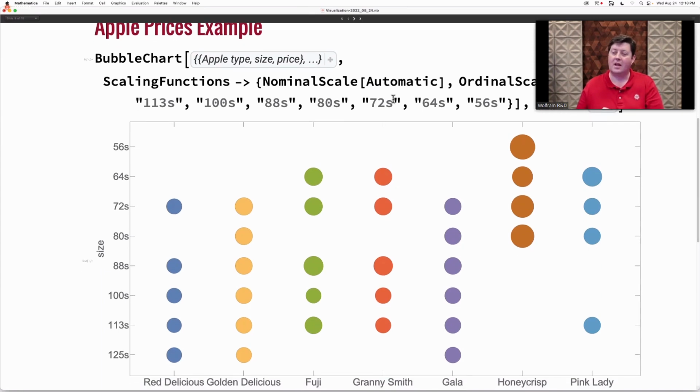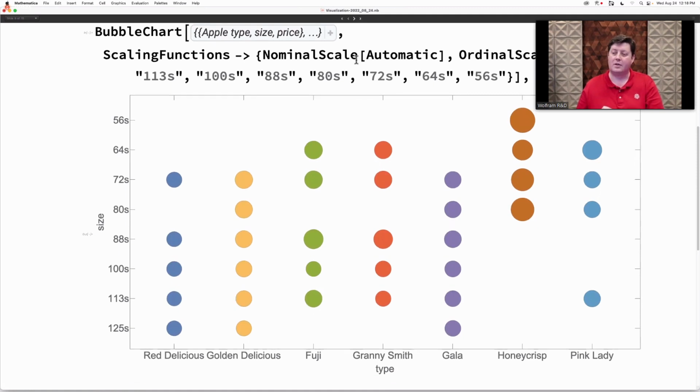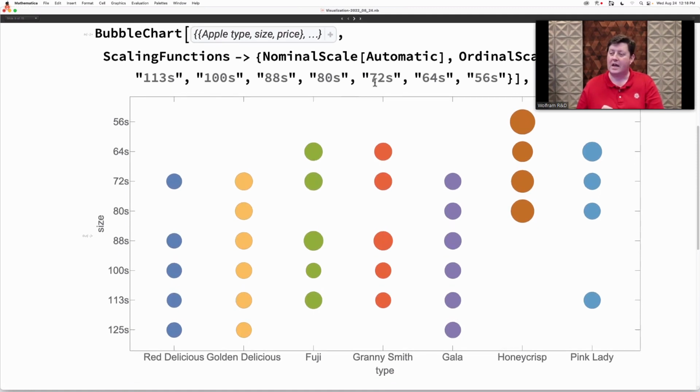And so we have data here that I don't remember exactly where it came from that we acquired. And we have a nominal scale along the x-axis. So it's, what is the type of apple? Is it a Red Delicious? Is it a Honey Crisp? Is it Granny Smith?